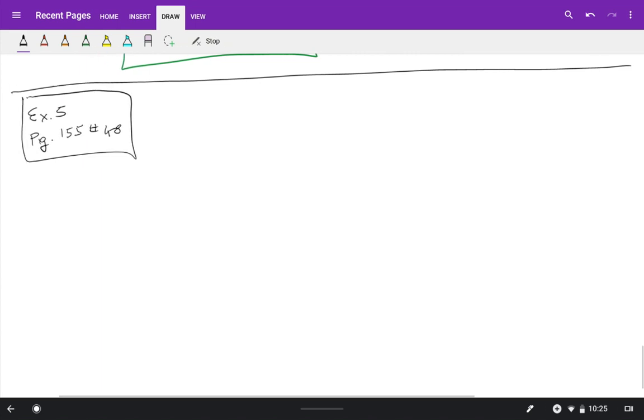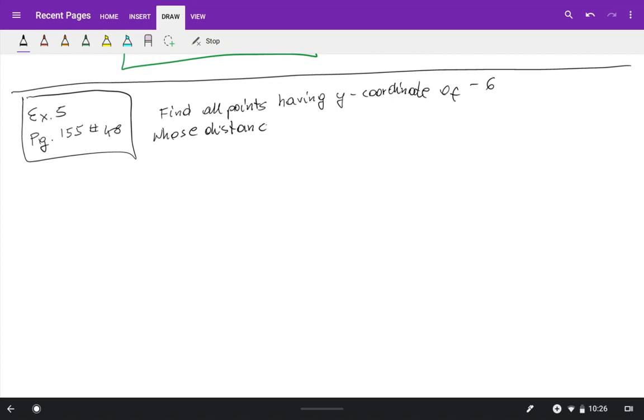Okay, here they're asking you this. Find all points having a y coordinate of -6, whose distance from point A, which has coordinates 1, 2, is 17.